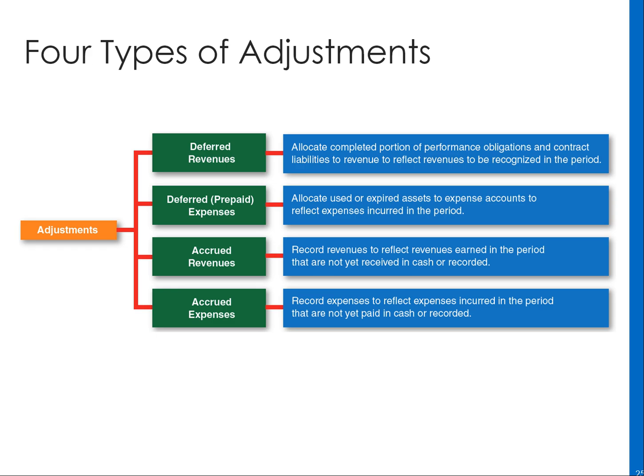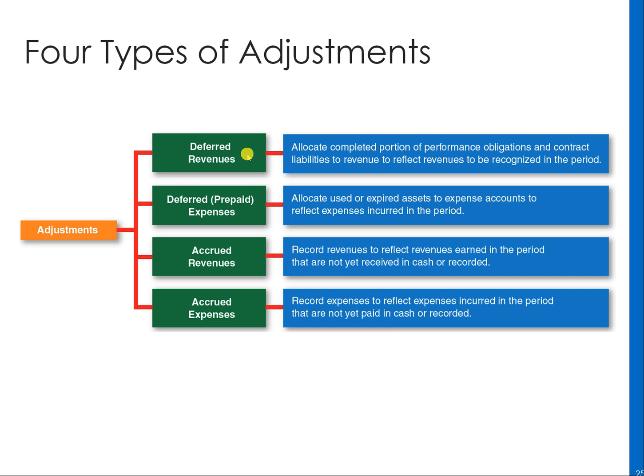So there are 4 types of adjustment we're going to mention. Deferred revenues. Remember the revenue example, right? In previous periods, we collected cash from customers in advance for future sales or future service.